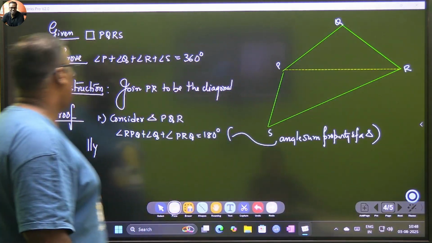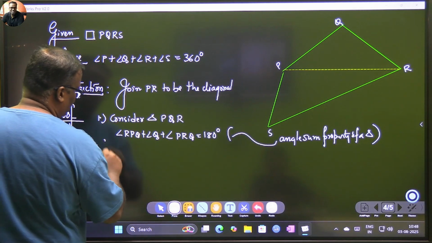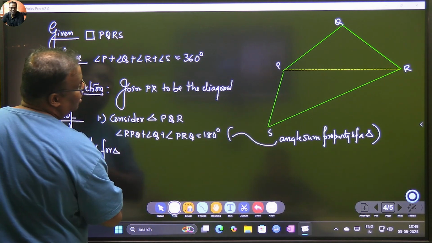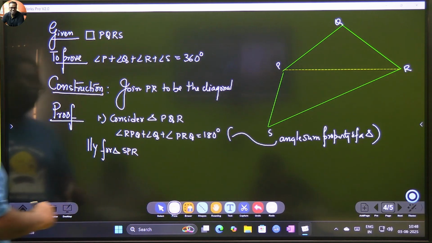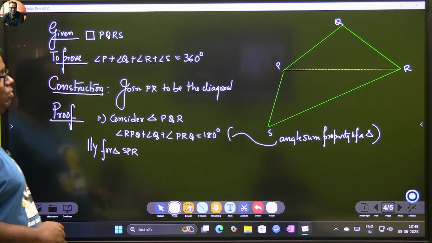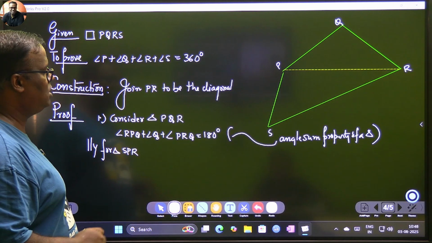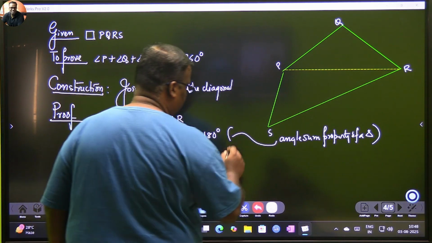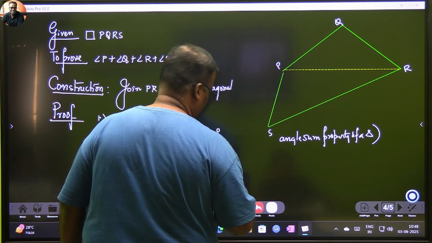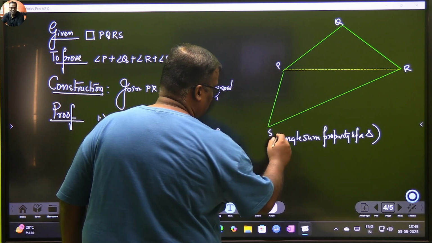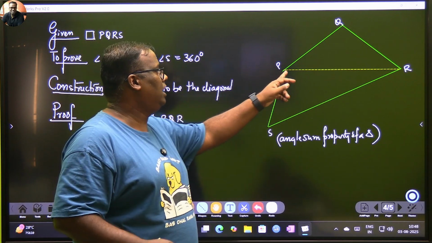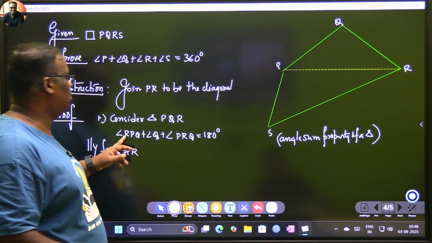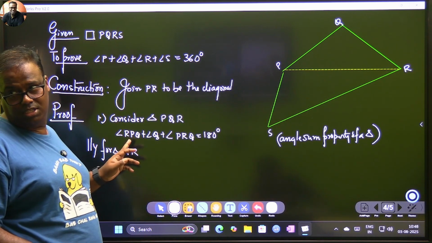So similarly, we'll write for triangle SPR. Now when you are writing for SPR, we will do it in such a manner that this particular angle comes exactly below this angle, then the addition becomes easy.